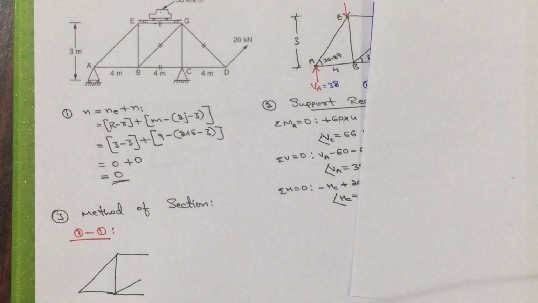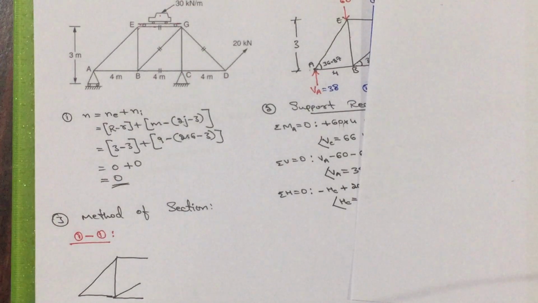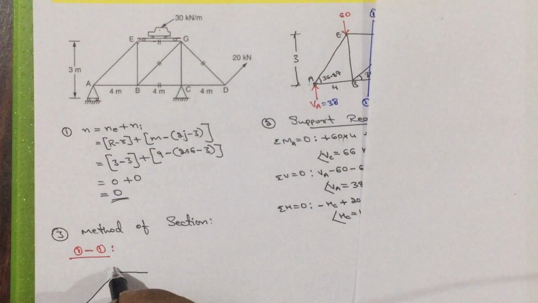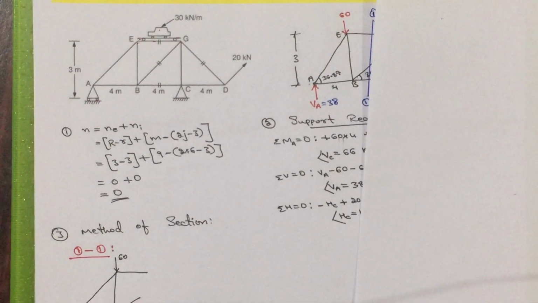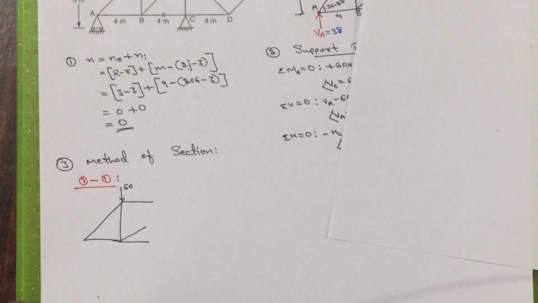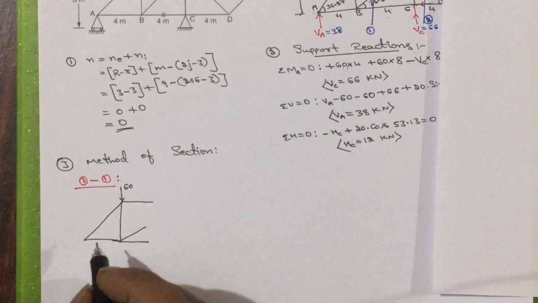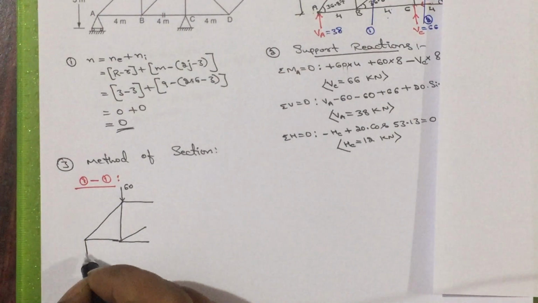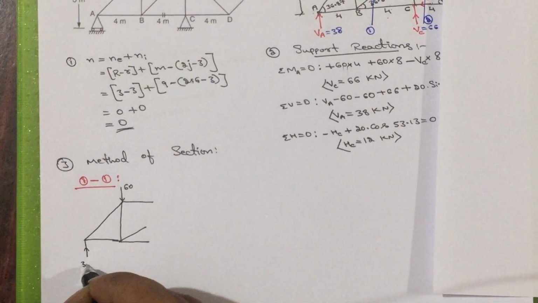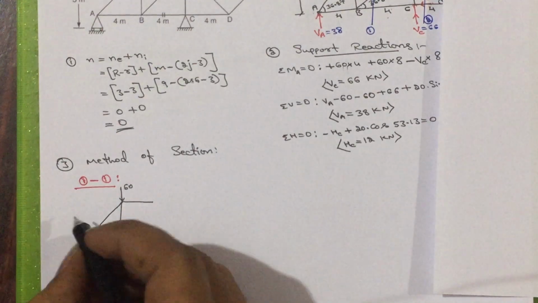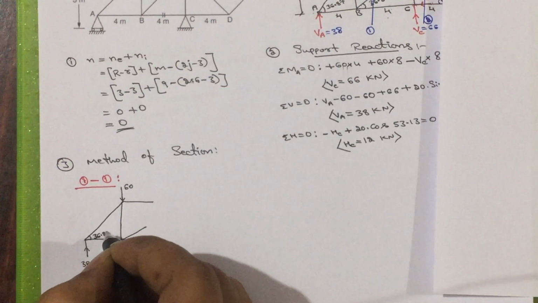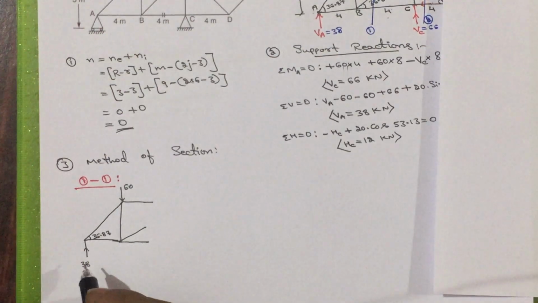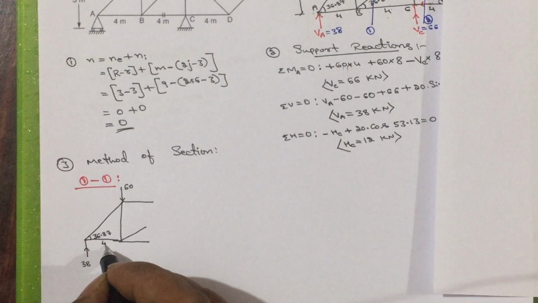Okay. I wrote the same, then I will write here 60, then below that it will be 38. Okay, here the angle is 36.87, then this length is 4.